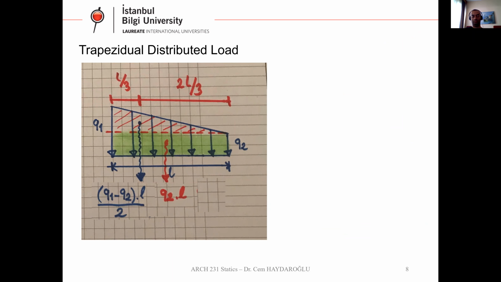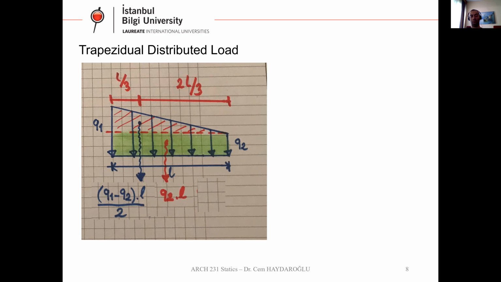So this is not like a triangle. This is not like a rectangular. So at each side we have a loading value. For example, at the left-hand side we have Q1. At the right-hand side we have Q2. So we have to convert this loading to basic concentrated loads. Otherwise, we can't do any calculation.